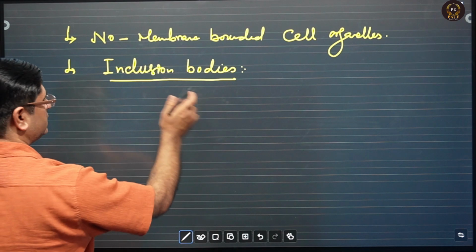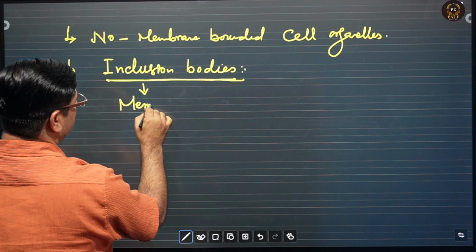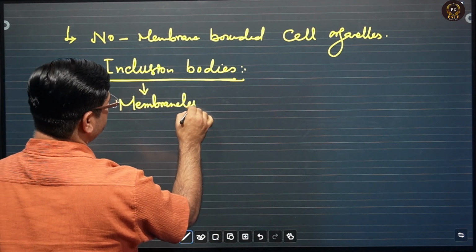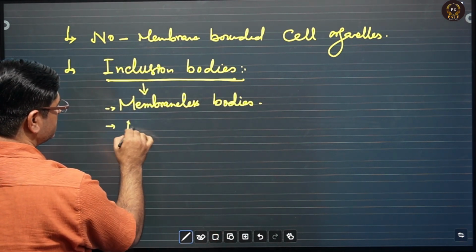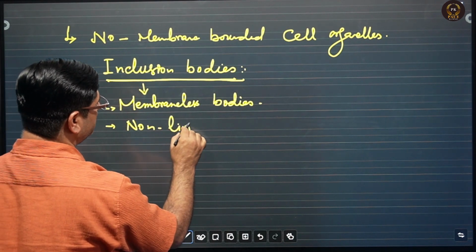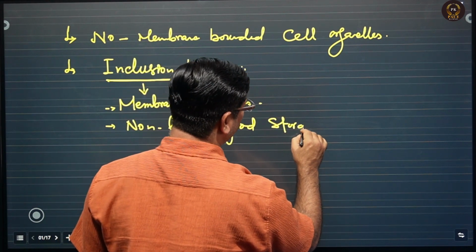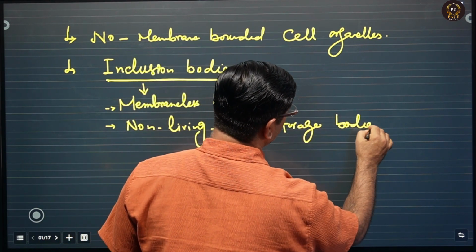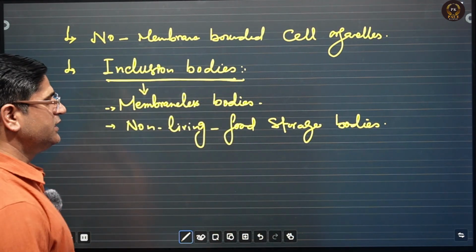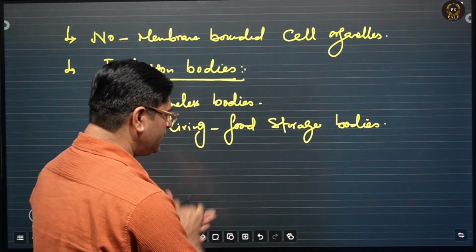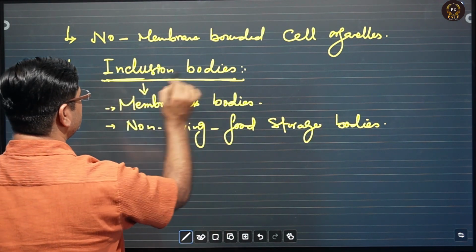Inclusion bodies are membraneless, and they are considered non-living food storage bodies. The bacteria store the food inside their body in the cytoplasmic region in the form of non-living substance. All those non-living food storage bodies together are known as inclusion bodies.